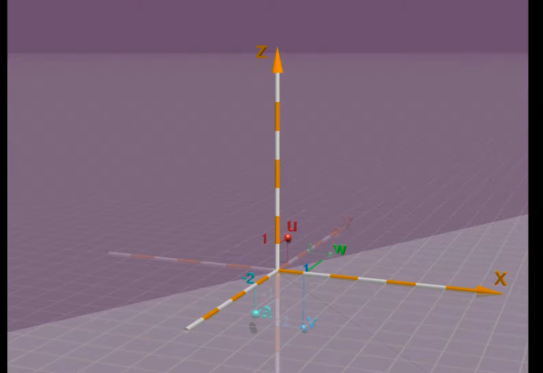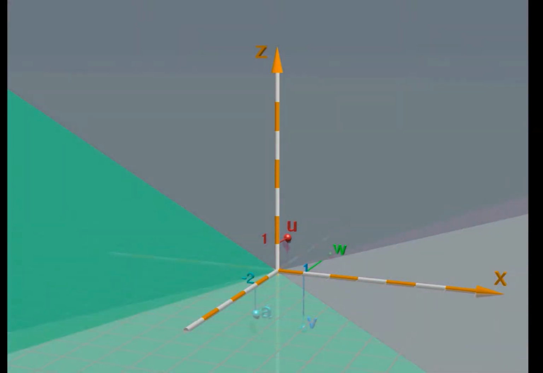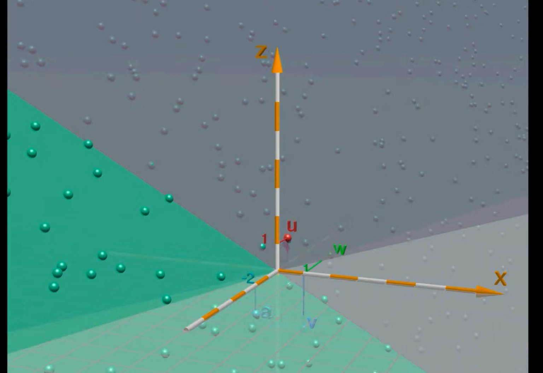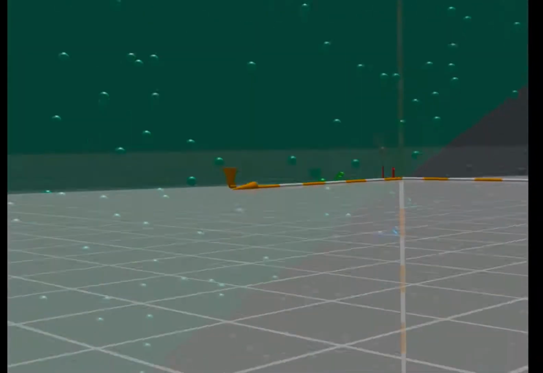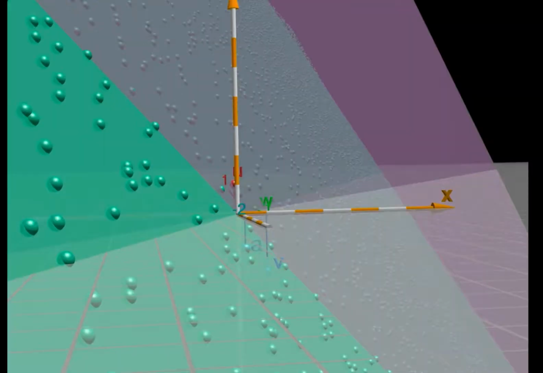Well, it looks like another plane passing through the origin, and we see it represented here now, in green. The linear combinations of A and W, a few thousands of them, are the ones that just appeared now, and as you can see, they all belong to the green plane, so to the plane B. Therefore, just as before, that is evidence that W and A form a basis for B.